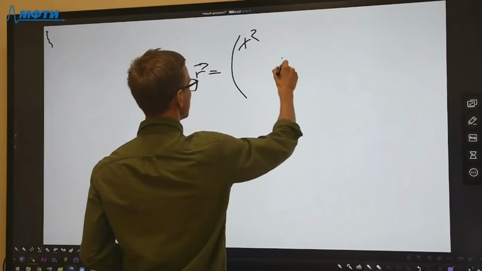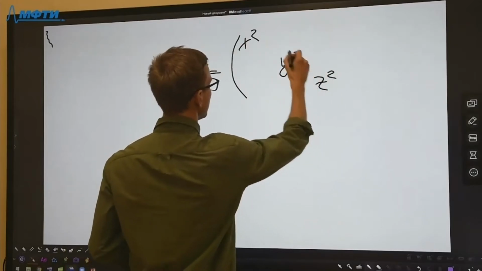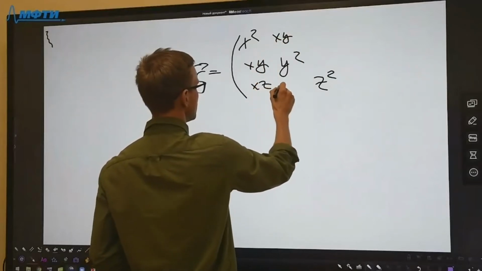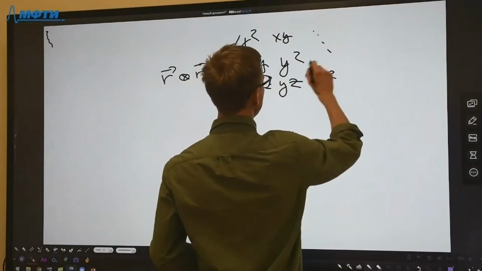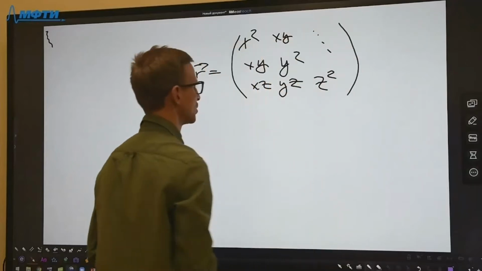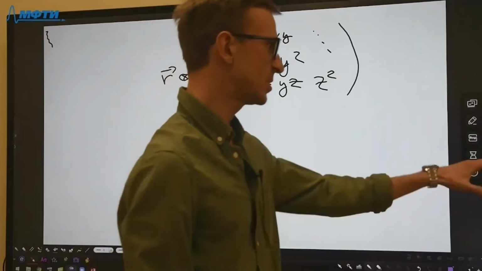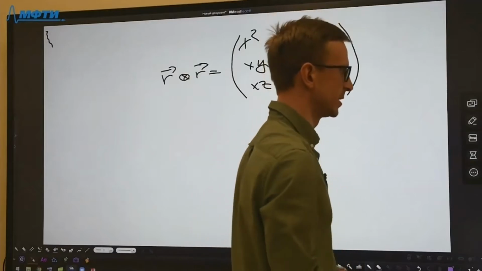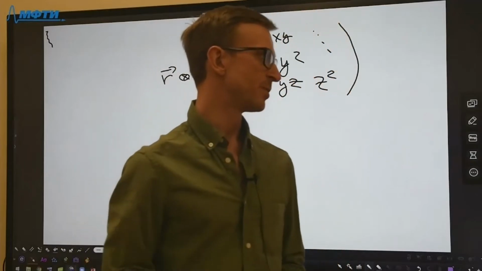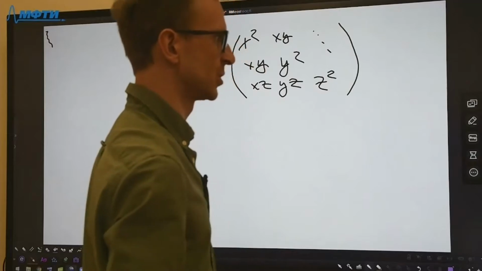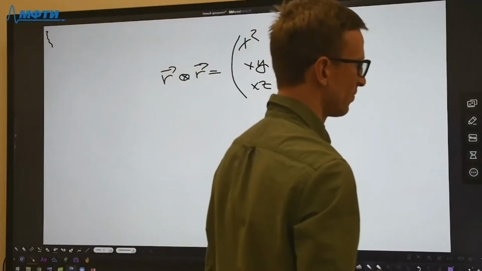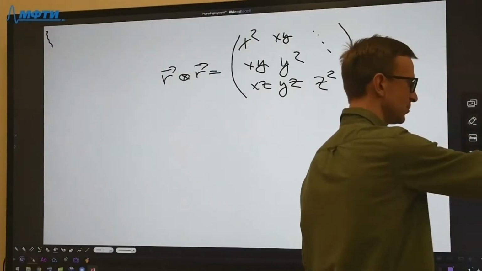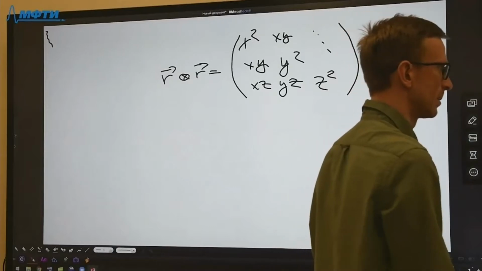This is x squared, y squared, z squared. Here is going to have xy, xy, xz, and the corresponding symmetric combinations here. You get the idea. So this is an expression that sometimes you might use to calculate electromagnetic fields of a point dipole or of a certain arbitrary, more complicated distribution of electric current density. Okay? And we're going to come back to this expression in a couple of slides.